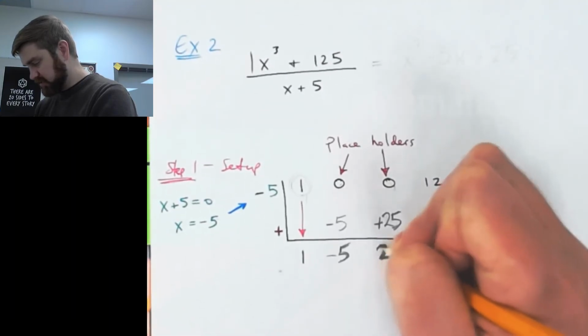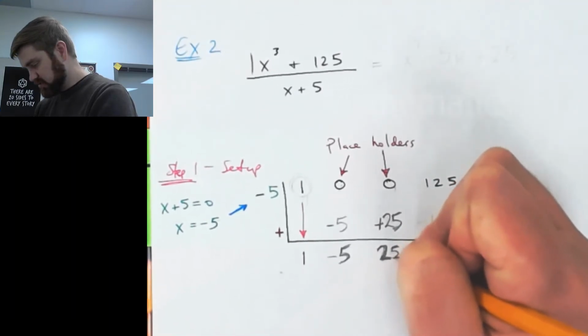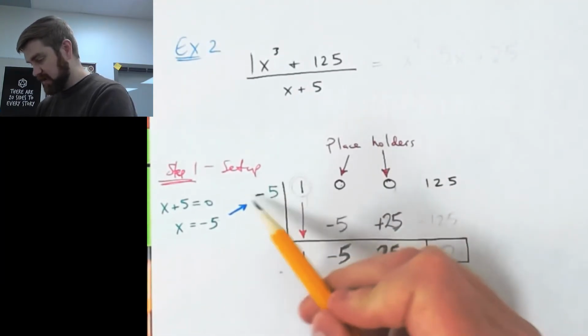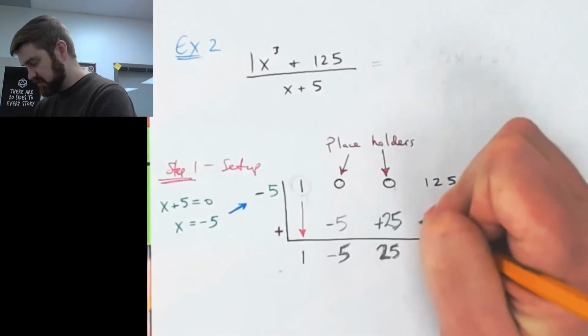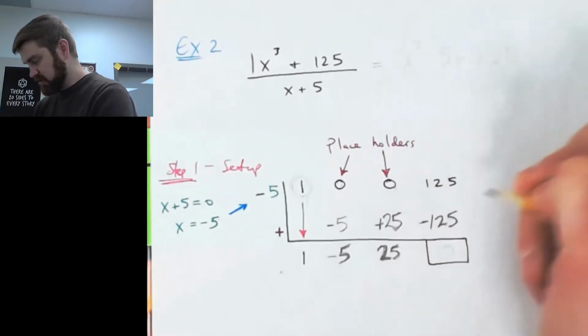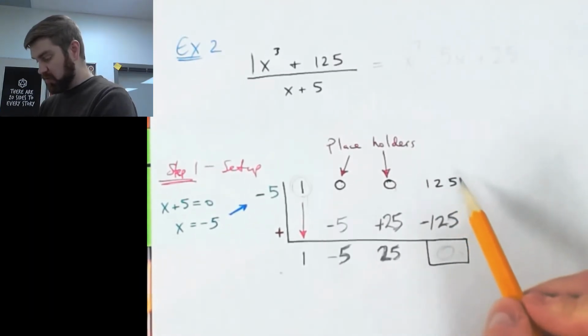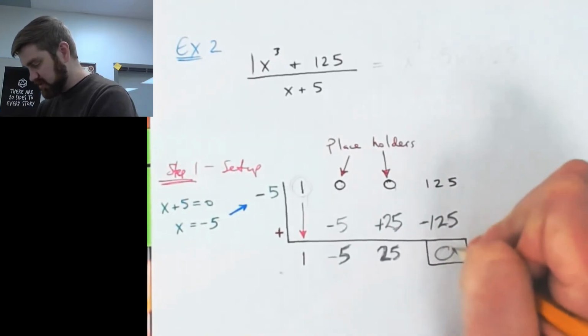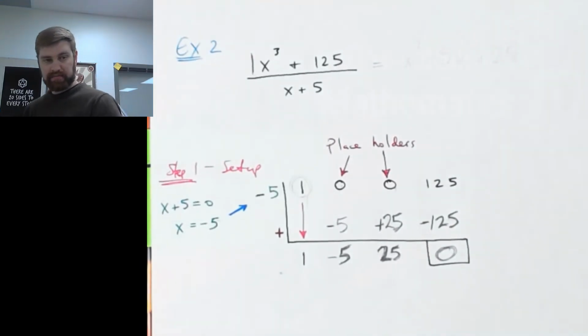Now negative 5 times 25 is negative 125. And one more time, 125 plus negative 125, and we get no remainder.